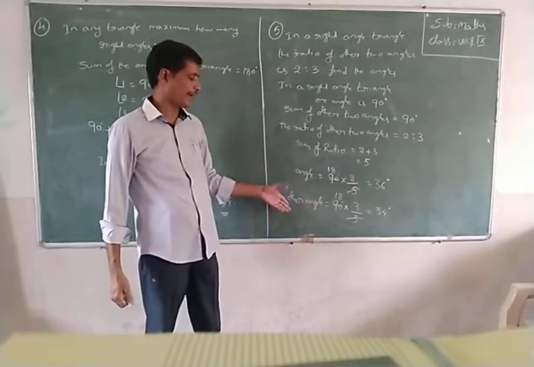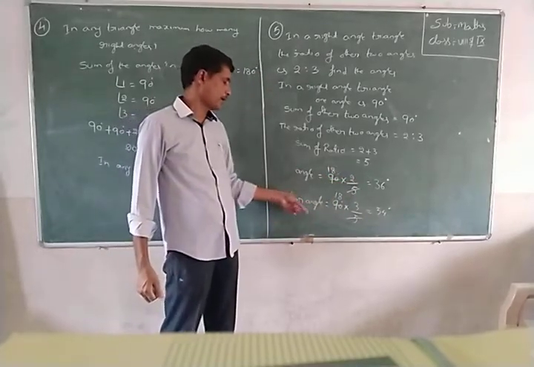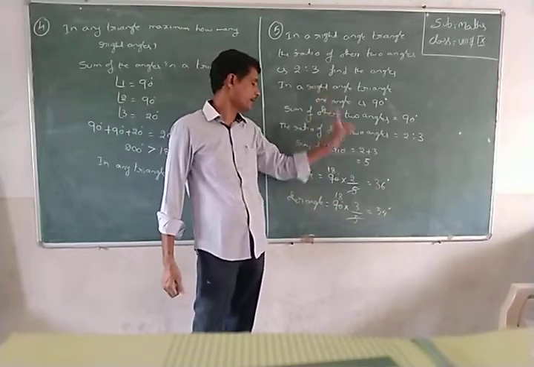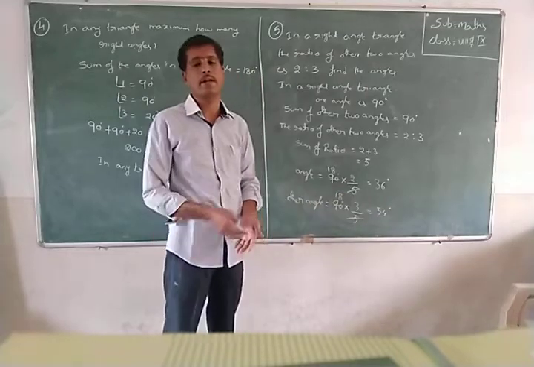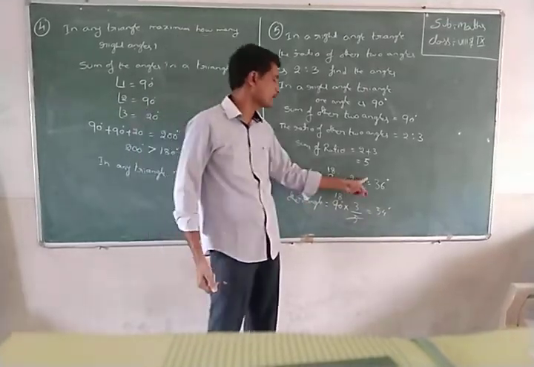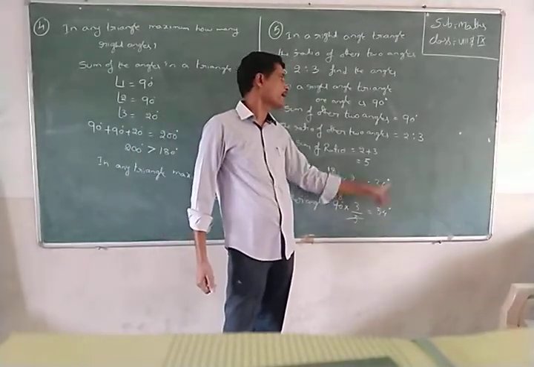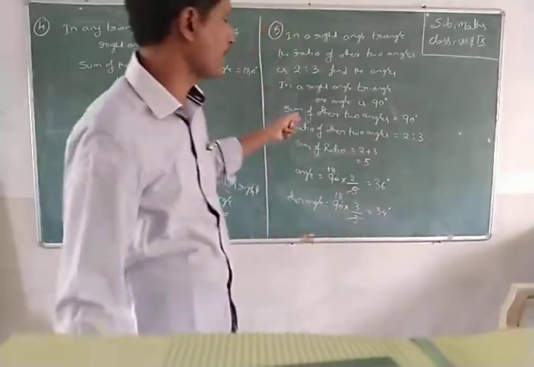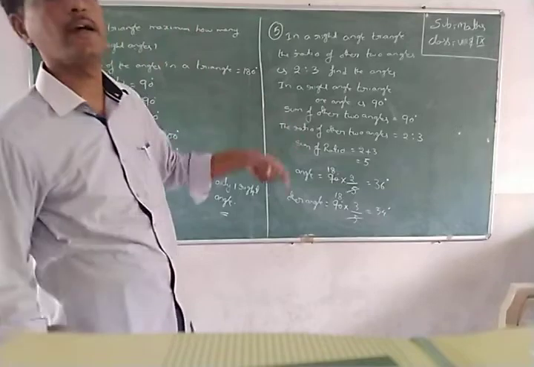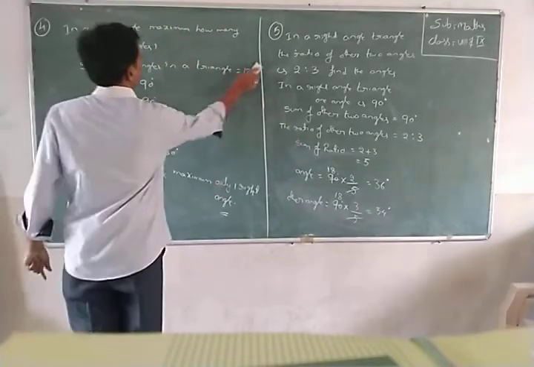Next, the other angle: 90 into 3 by 5, that is 18 into 3, that is 54 degrees. Here 36 plus 54 is 90. Here is one more 90. Therefore, the three angles are 90, 36 and 54 degrees.